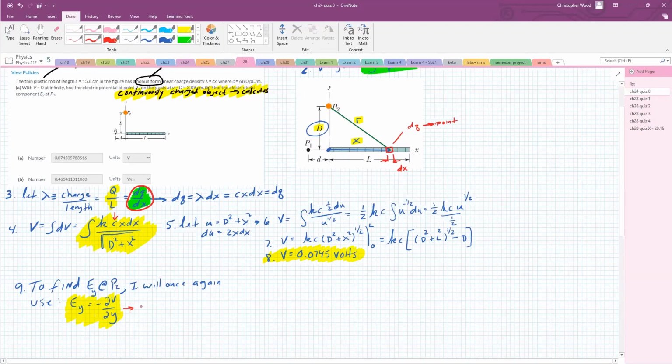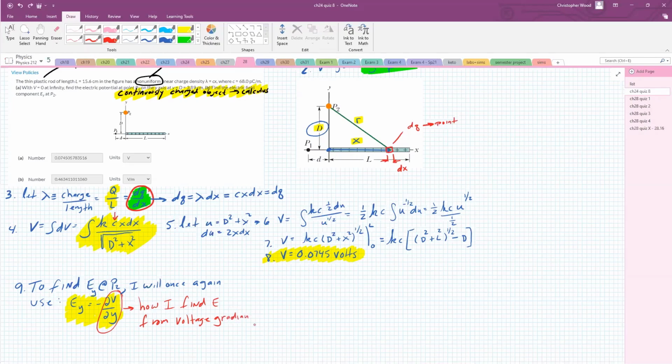In fact, this is how I find the electric field from voltage gradient. This expression here is actually termed a voltage gradient. Gradient just means a slope, or how things change as a function of space or time.